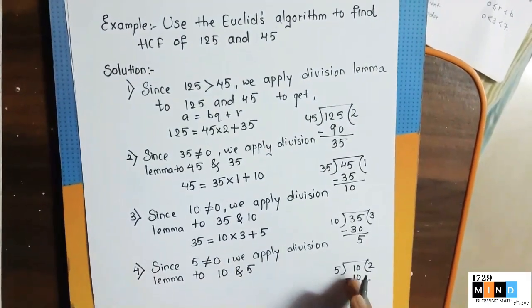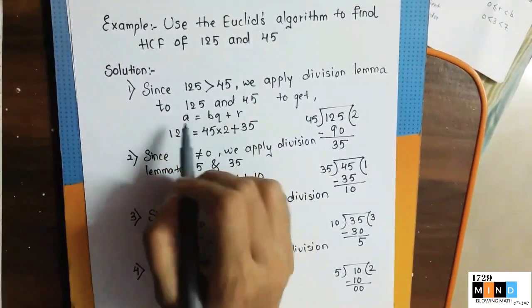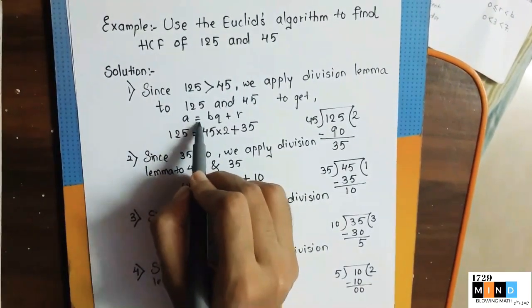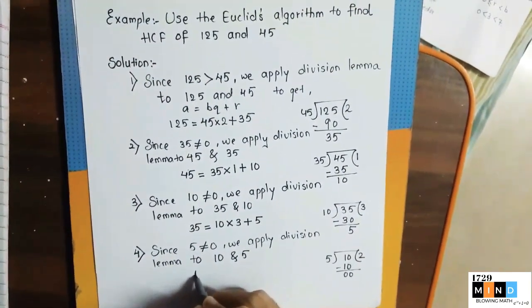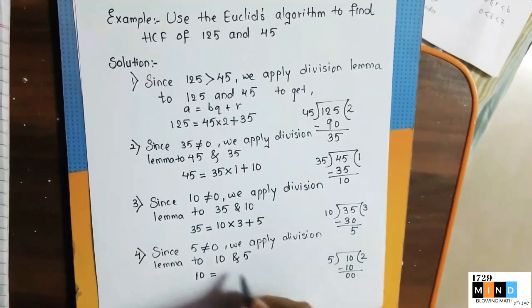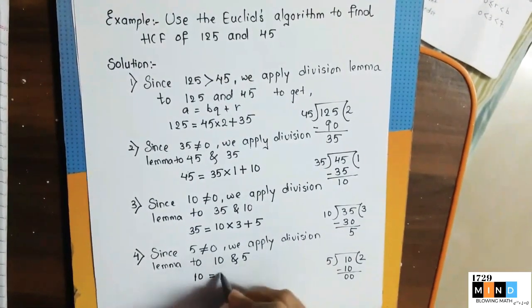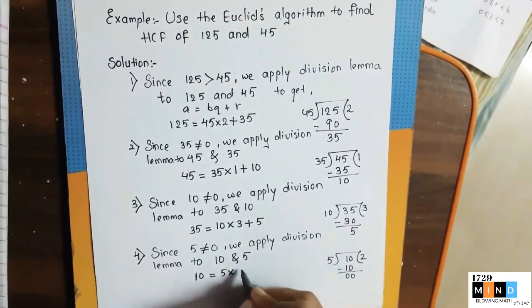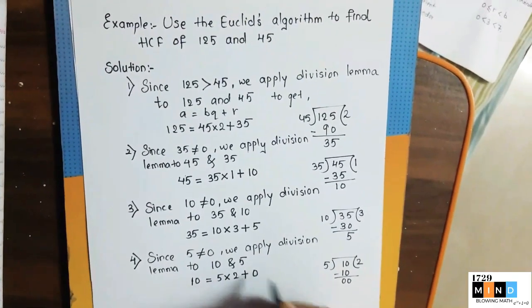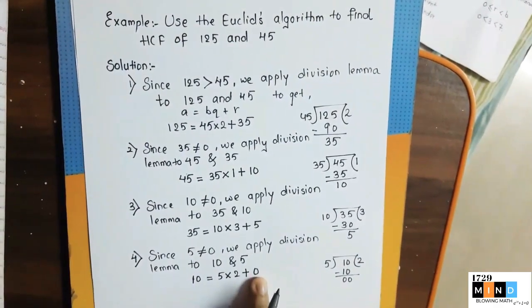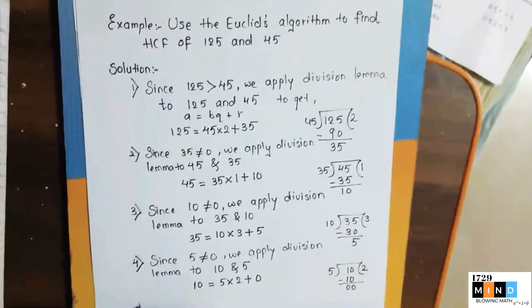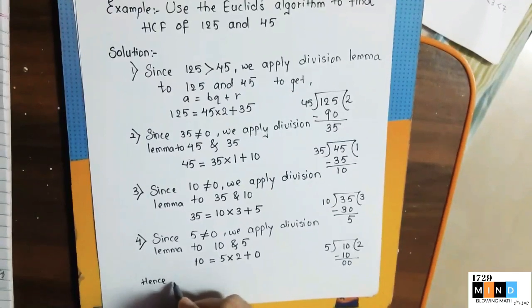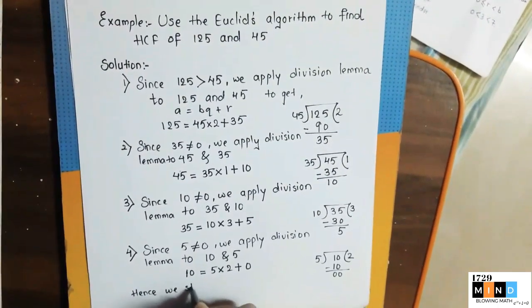Now we write this in the same form, A is equal to BQ plus R. A is 10, B, the divisor, is 5, into quotient 2, plus remainder 0. When we get the remainder 0, we stop our procedure.